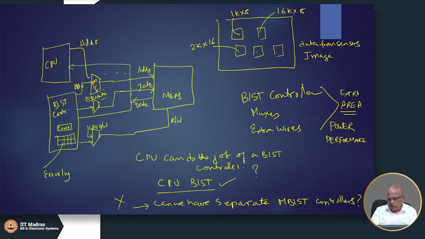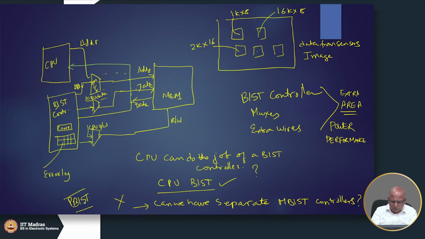So it is common nowadays to share the same memory BIST controller across all the memories, and that BIST controller can be programmed to test the memories in a certain order, what algorithm to use, should you use March B, should you use March A, March C minus, okay. So this is what is called as programmable BIST, PBIST.